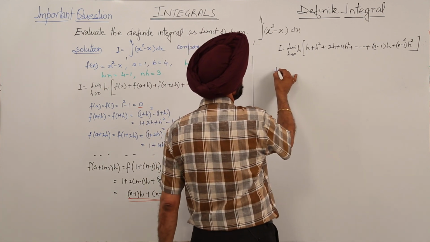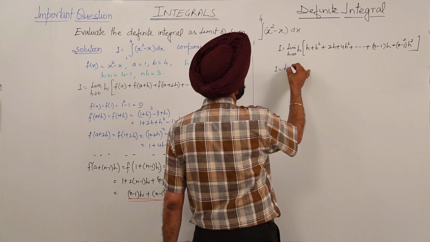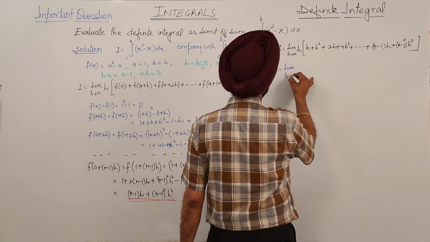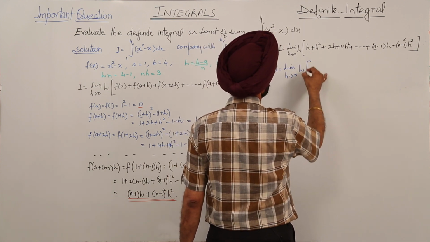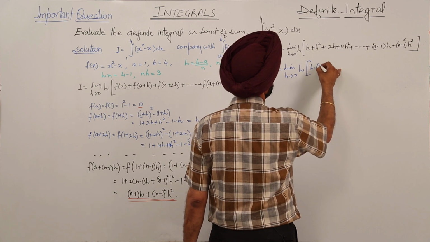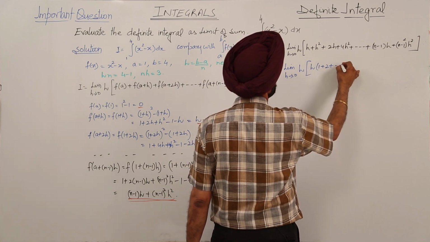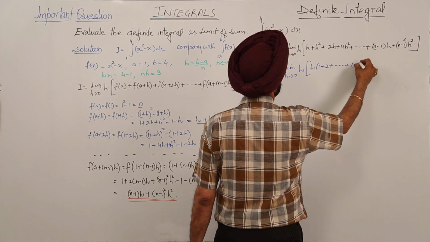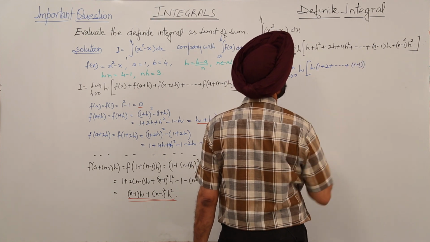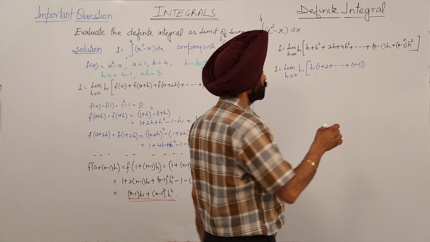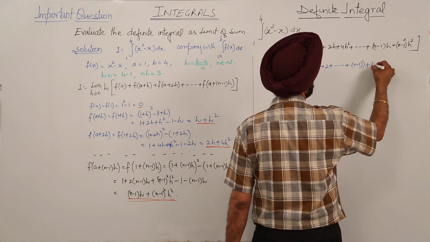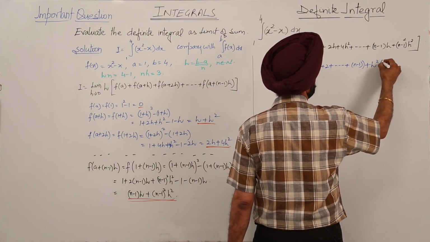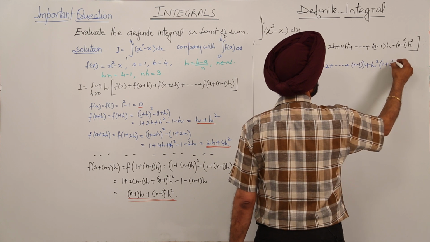Now solving further, limit h approaches to 0 of h. Now taking h common, 1 plus 2 plus up to (n minus 1), plus h square, taking common h square, what we are having, 1 plus 2 square plus up to (n minus 1) square.